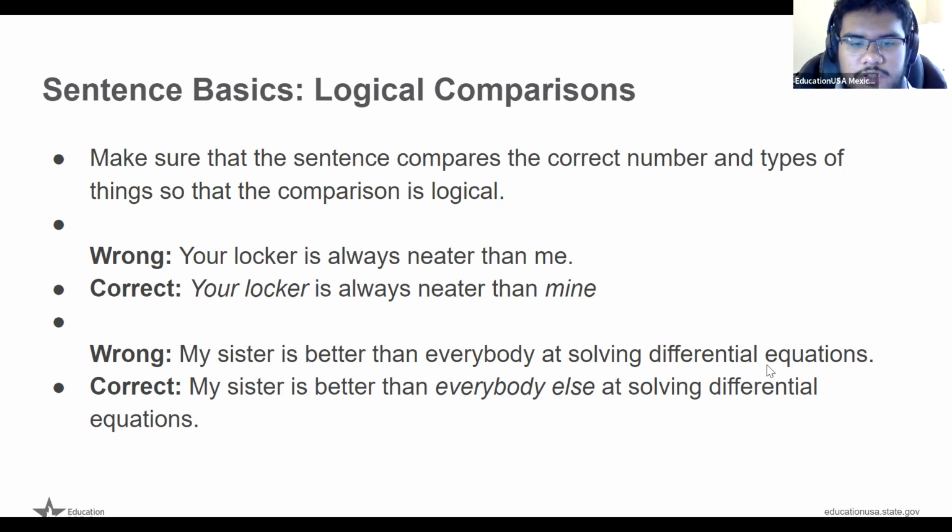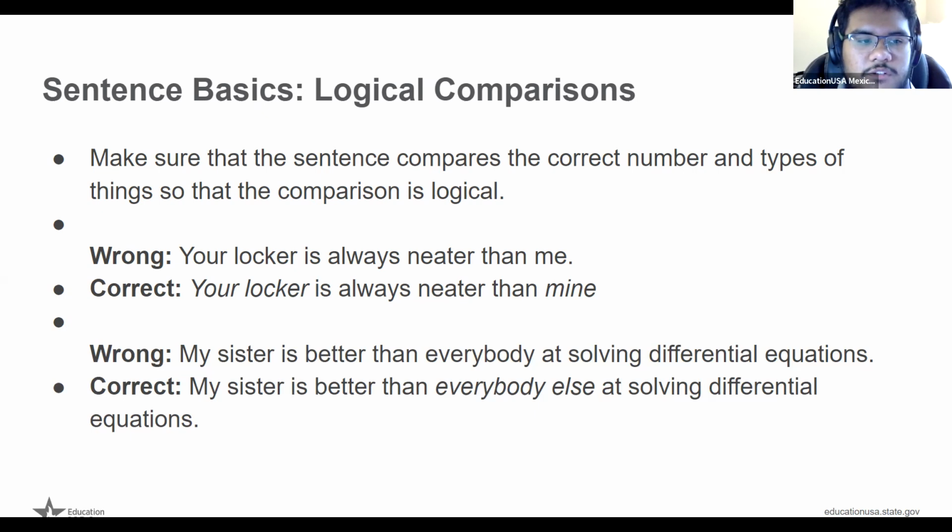This doesn't make very much sense because the comparison happening here is a locker versus a person, the whole person itself. That kind of comparison doesn't flow very well because a locker and a person overall are pretty different.